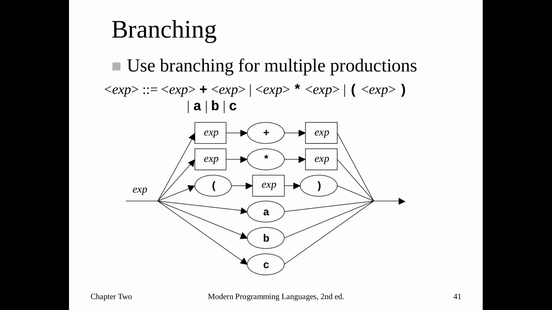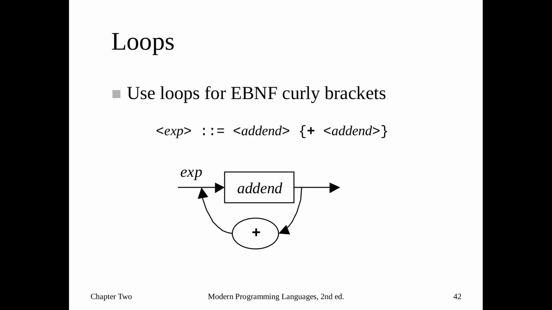Everything always flows from left to right. We use arrows to go in between every single individual component, and that's how we build this diagram up. It's quite easy. The final one is loops. This is where we have the curly brackets, which could be 0 or more times.